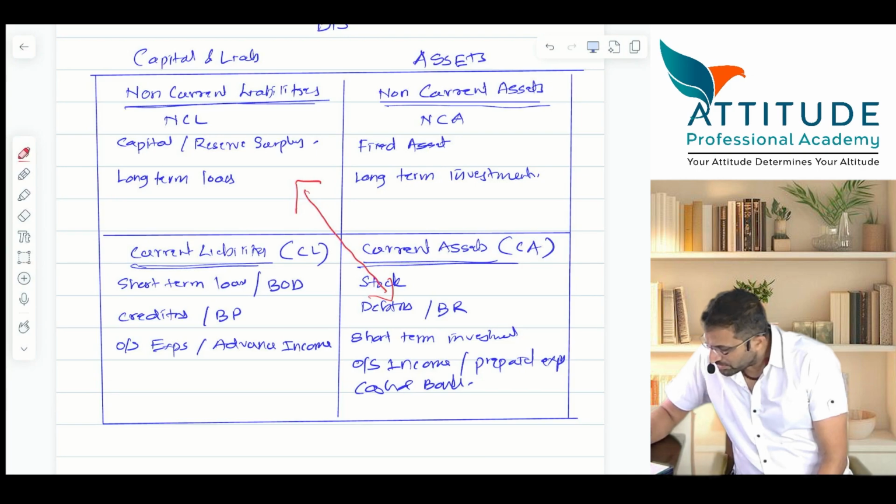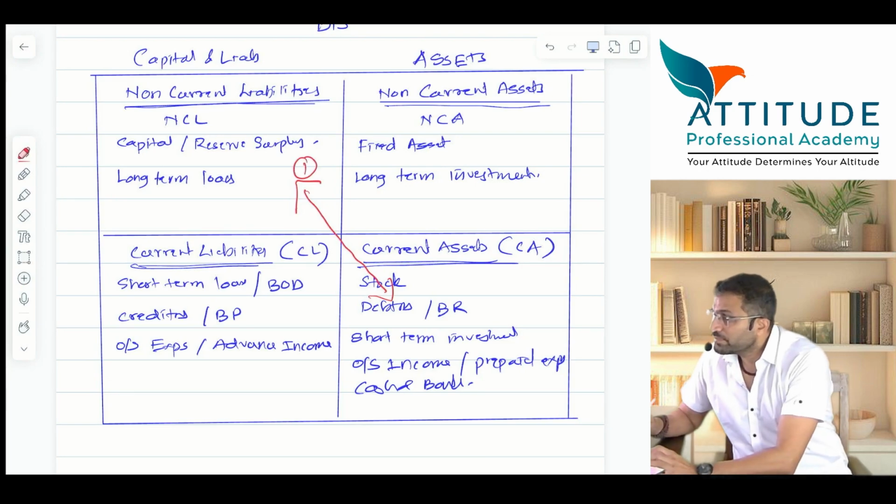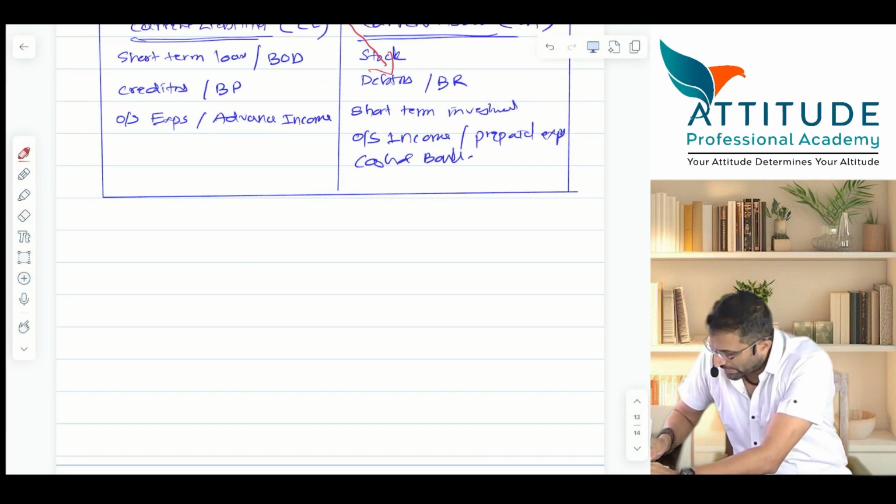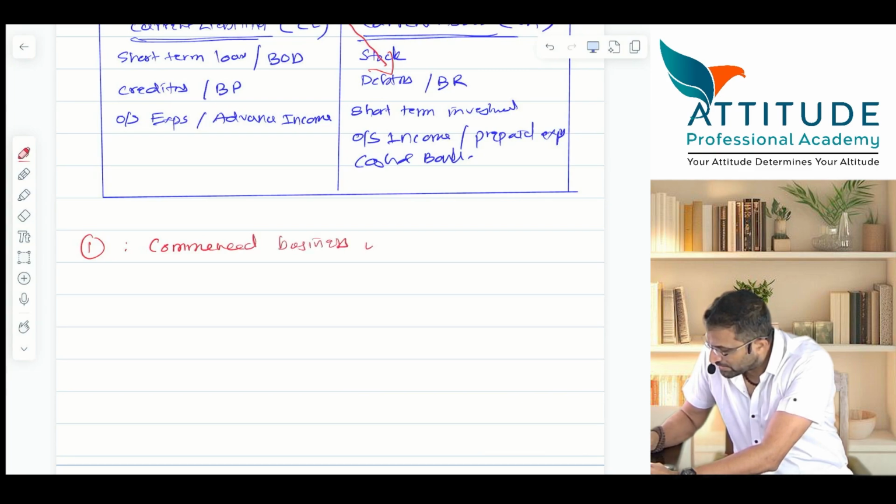Tell me. One is what? Commence business with cash. Correct.